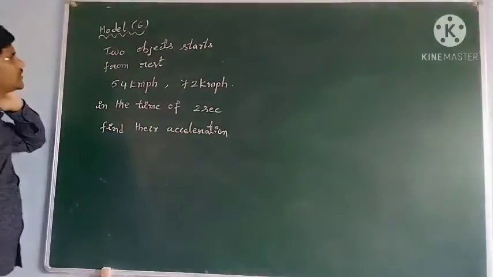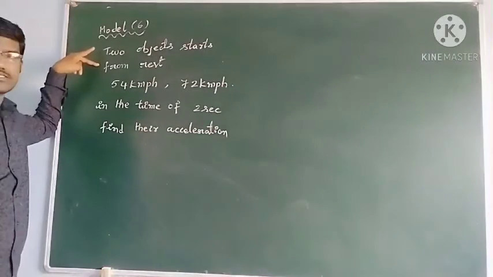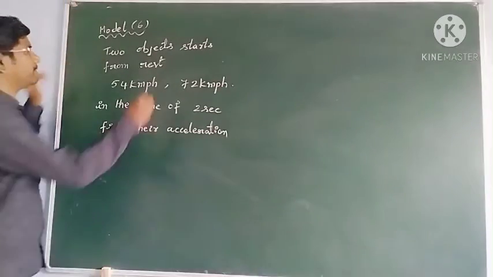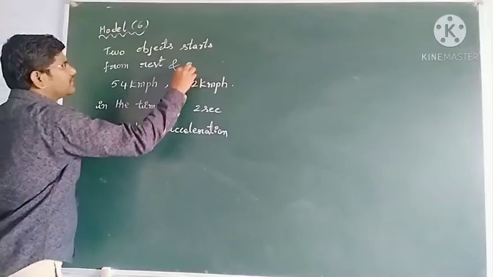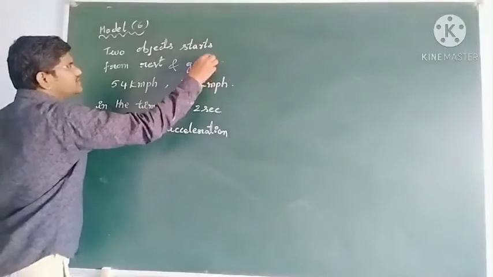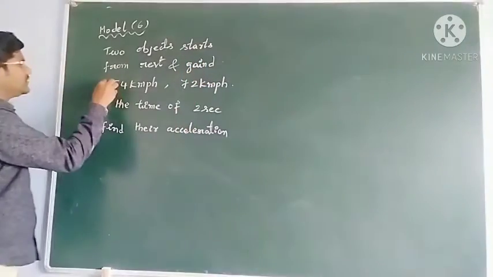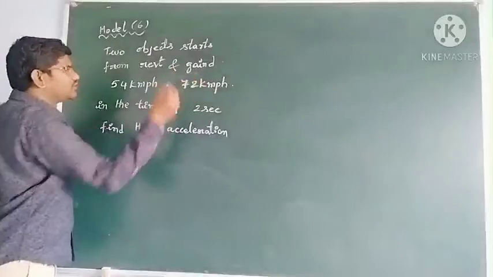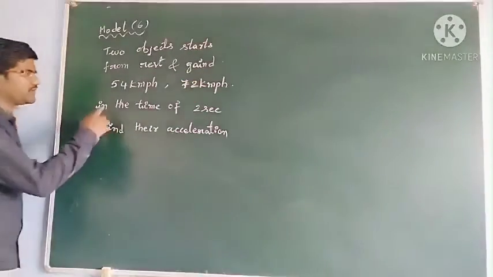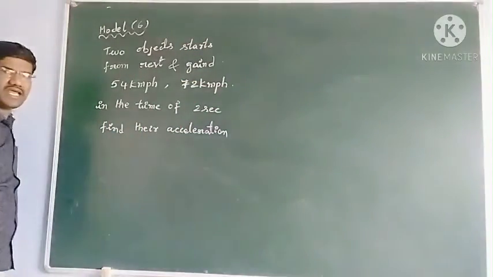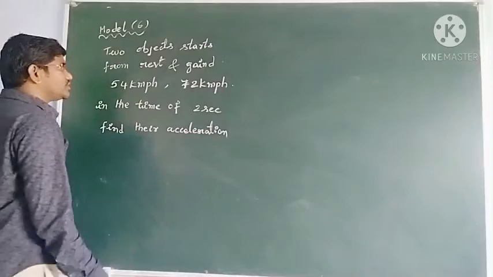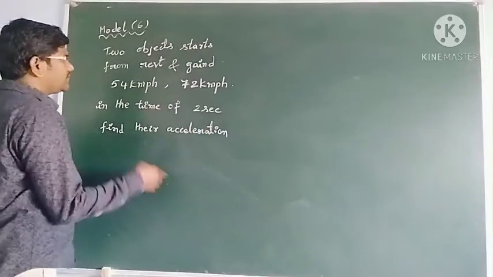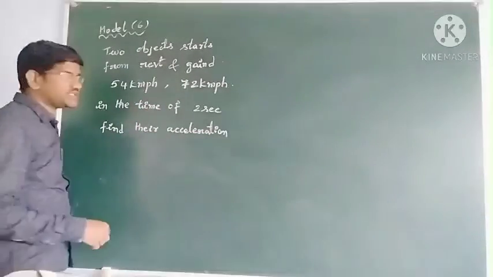Okay students, two objects start from rest and gained 54 kmph and 72 kmph velocities in the time of 2 seconds. Find their accelerations, they are asking. Since both the objects start from rest, both the objects' initial velocities are 0.